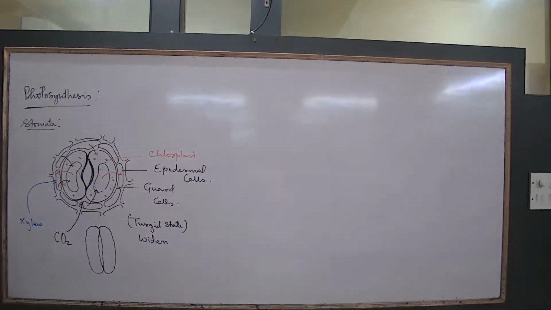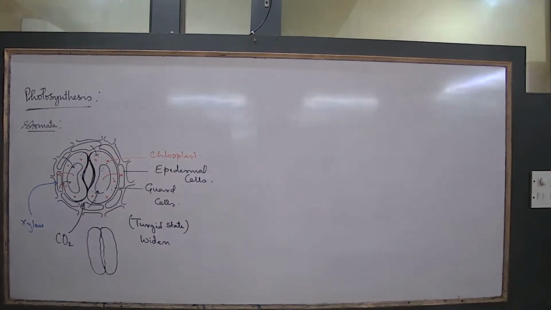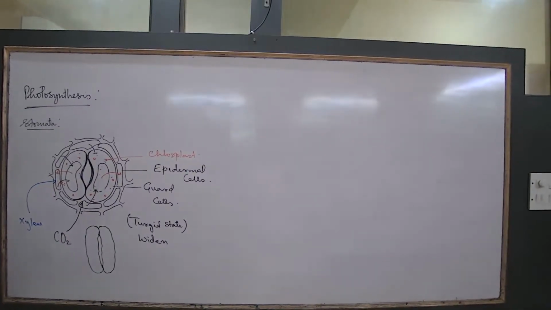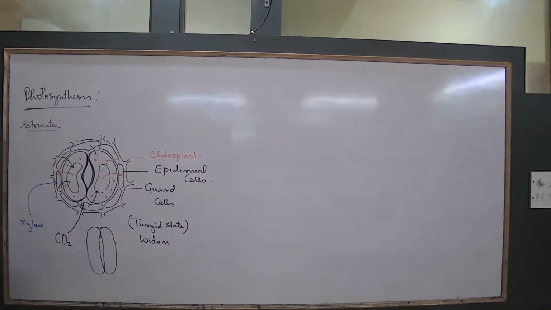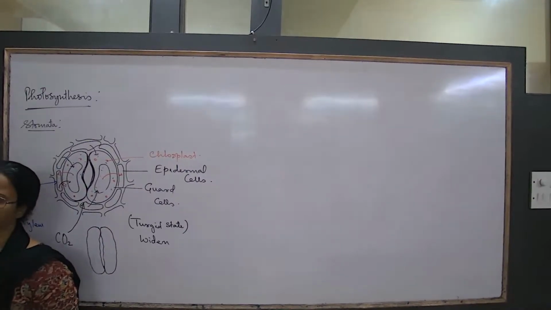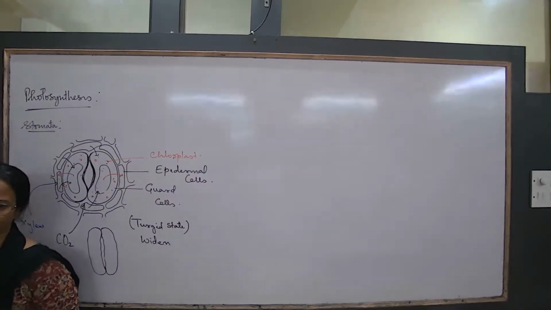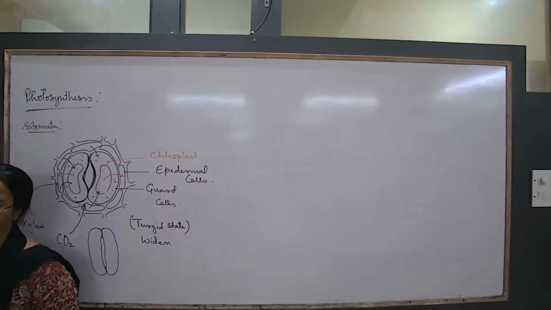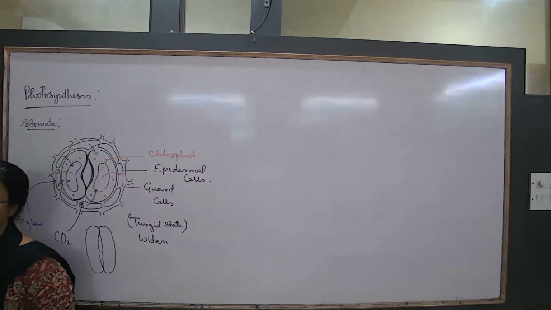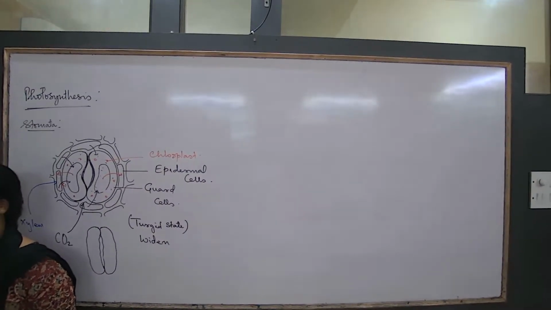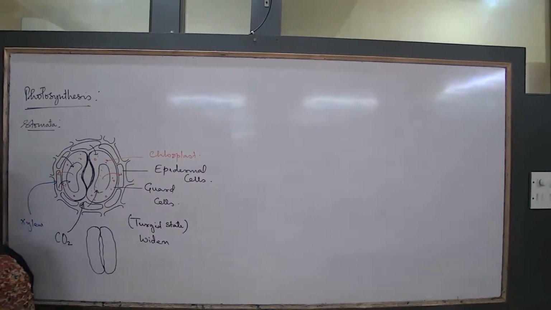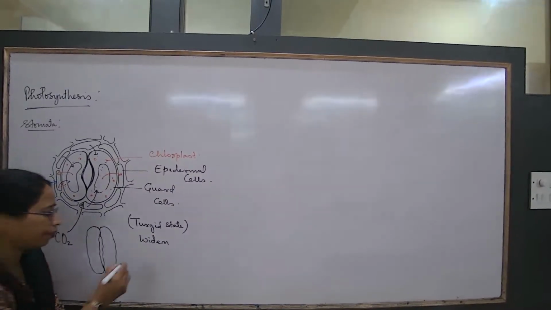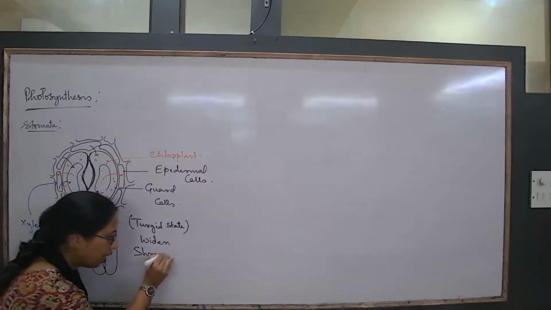Next point. The guard cells lose water by exoosmosis and become shrunken.